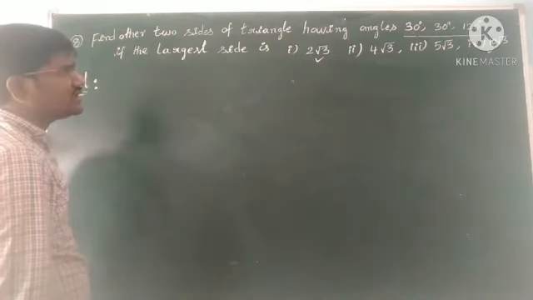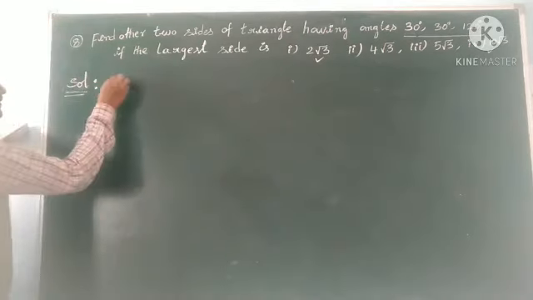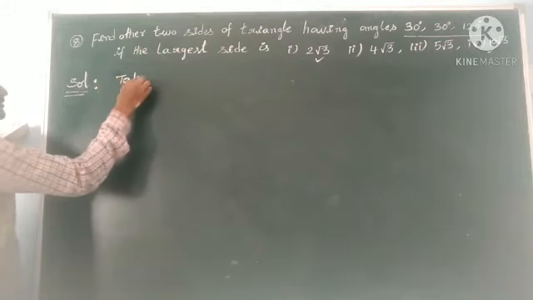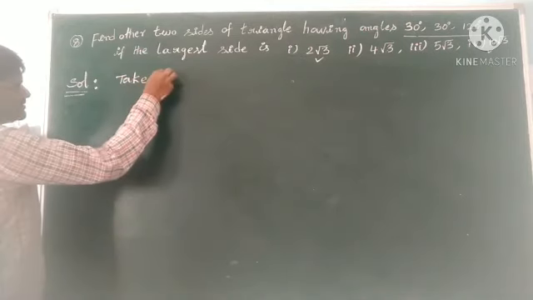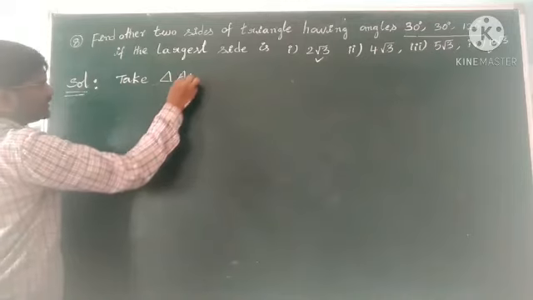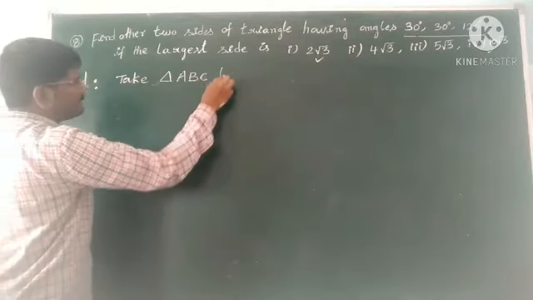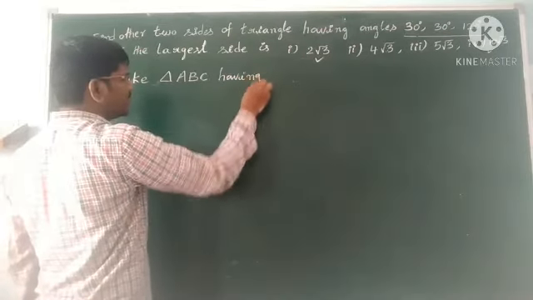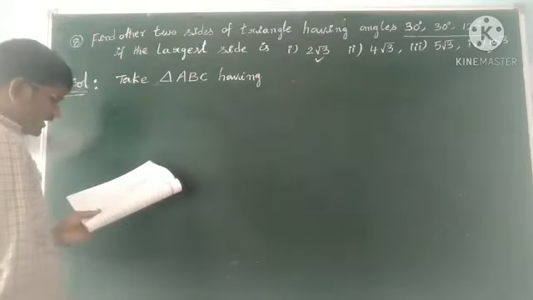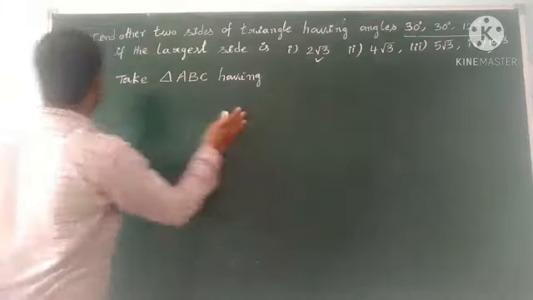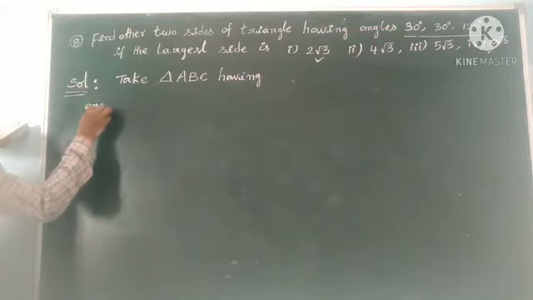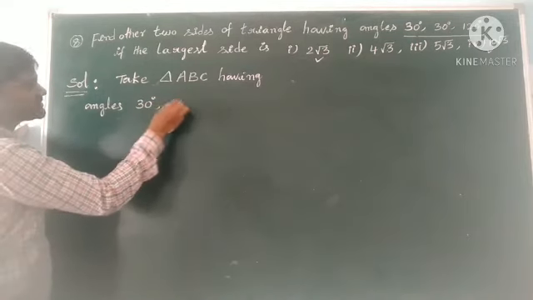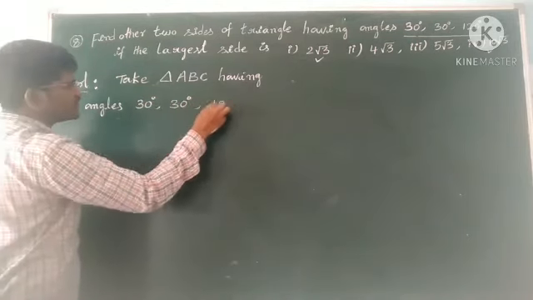Consider a 30, 30, 120 degrees triangle. Take triangle ABC having angles 30 degrees, 30 degrees, 120 degrees.